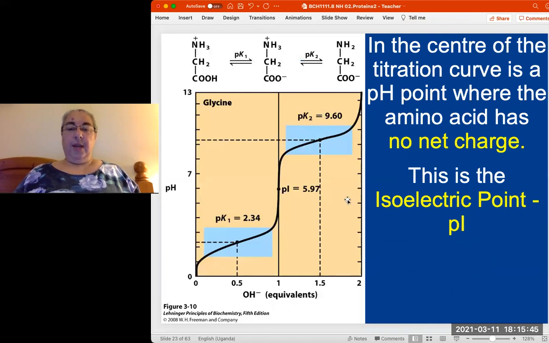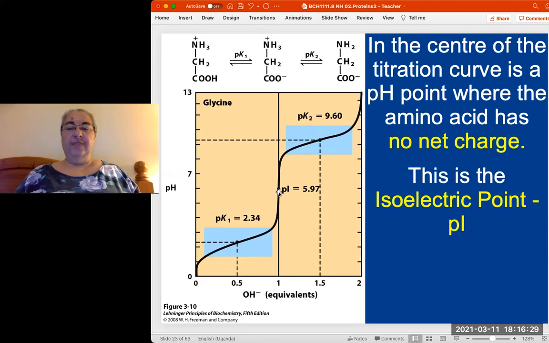So another thing that we can learn from titration curves like this is the isoelectric point. That is the point in the middle of the curve here, the midpoint of the steepest part of the curve, and it's called pI, the isoelectric point. This is the point where the amino acid has no net charge, no overall charge, where most of the amino acid molecules are in this form with a zero charge.